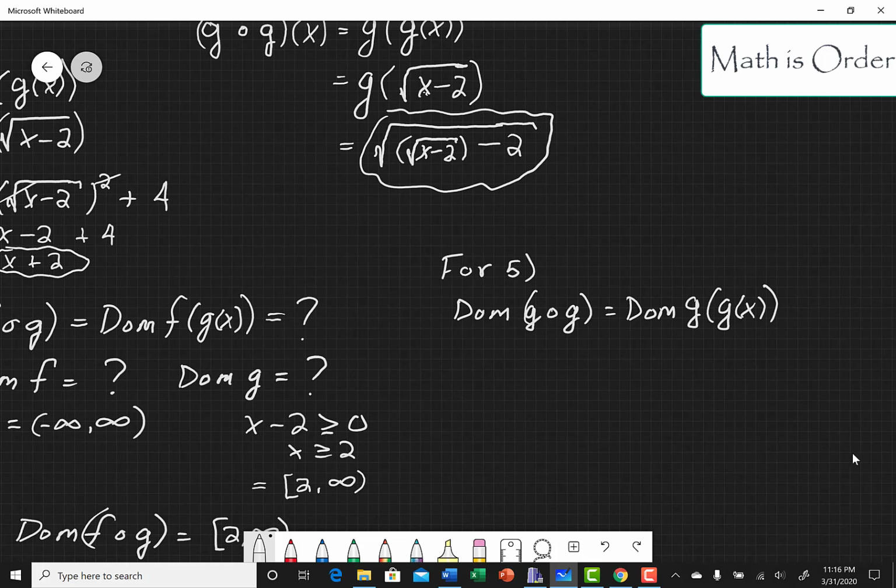So to find what the domain is here, I'm going to set the inside function, g(x), equal to what's excluded from the outside function. We already know that the domain of g is all values greater than or equal to 2.